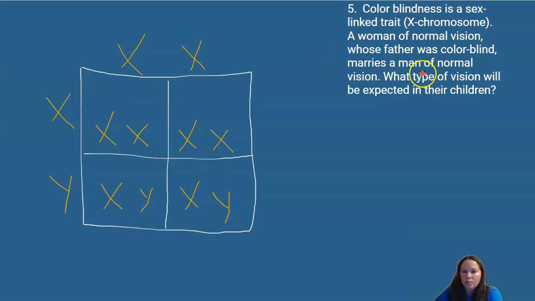All right, it says the woman has normal vision. So I'm going to use a big R for normal. And then I'm going to use a little r for red-green color blindness. Let's go red-green blind.